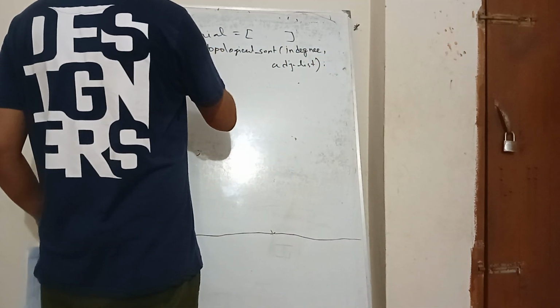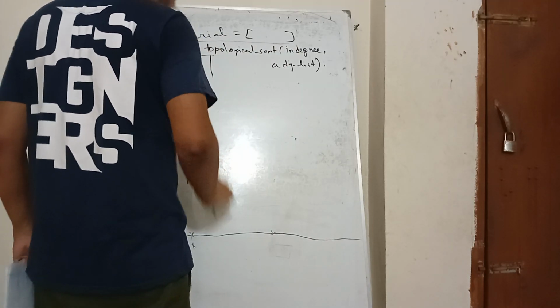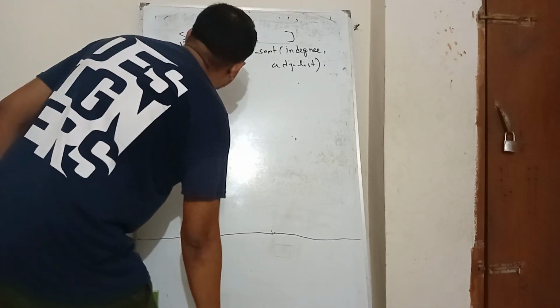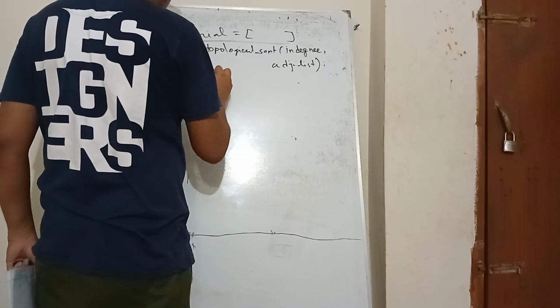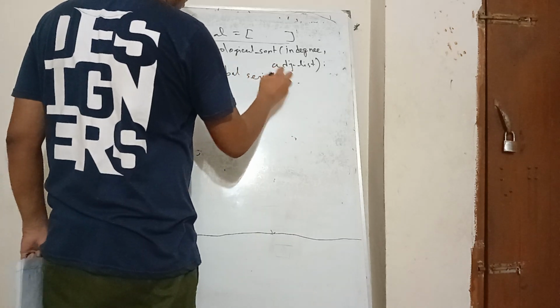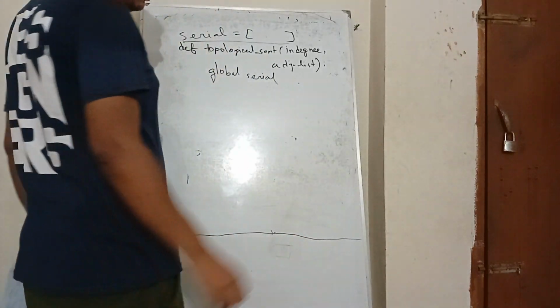We are accessing and modifying the serial outside the scope of our function, so we declare serial as global. Otherwise, it will return a scope error.